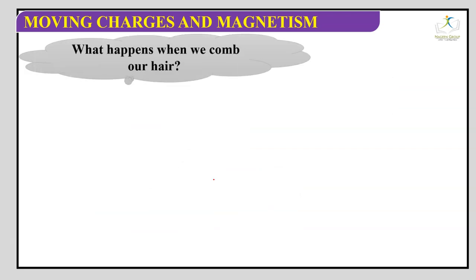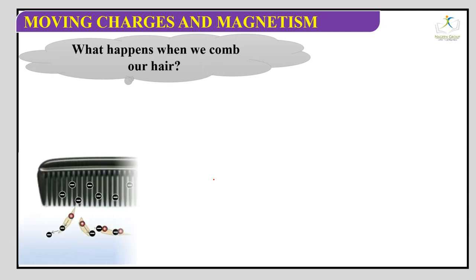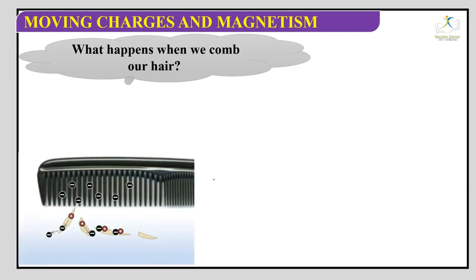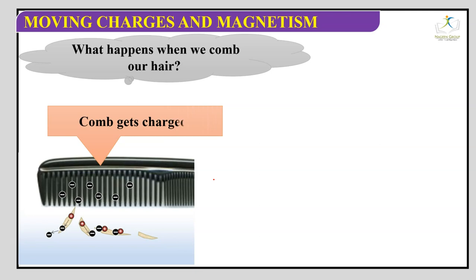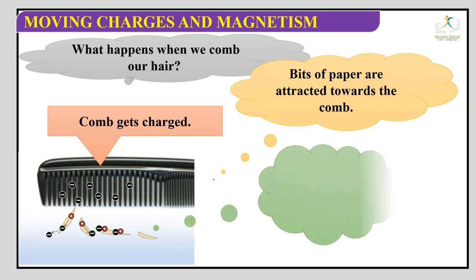What happens when we comb our hair? After a little while, the comb can attract some pieces of paper. So bits of paper are attracted towards the comb.